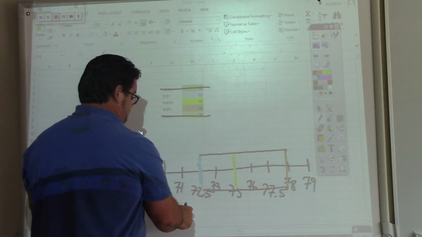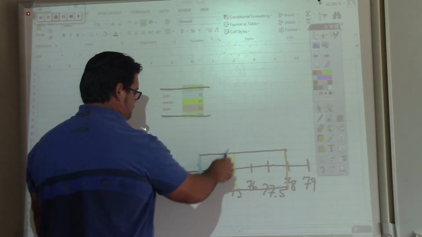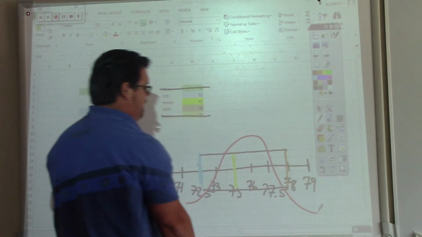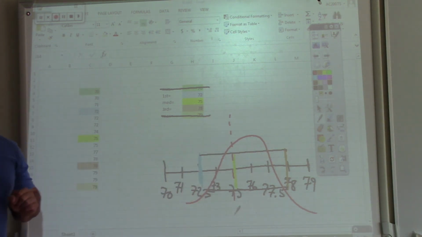So maybe it looks something like that. Just a little bit skewed left. But you could argue that it's real close to a normal distribution because the median and the middle are on the same number.